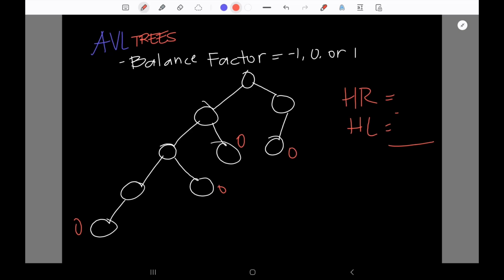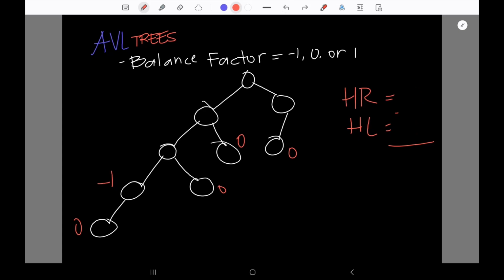Remember that. And this one, HR 0 minus HL, which is 1. So we have -1. Because HR niya 0, 1, we have -1. How about this one?